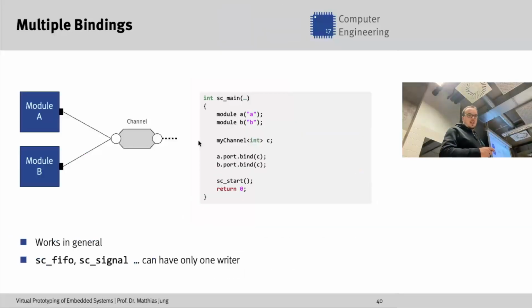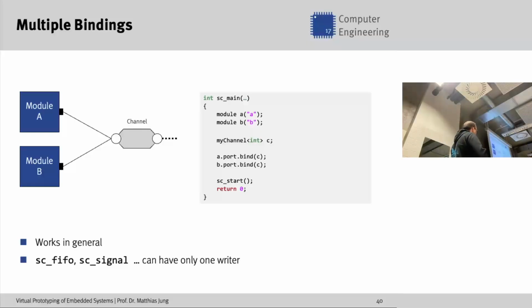Yeah, multiple bindings. It would work in general, so SystemC would support that you connect 2 modules to 1 channel. So in general that works, but SC FIFO and SC signal are implemented in a way that they can have only 1 writer, because that's the semantics also like in Verilog.